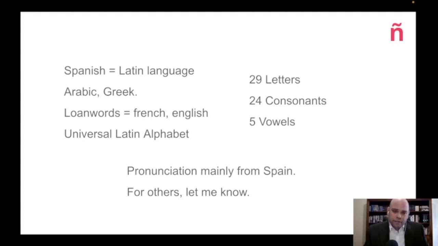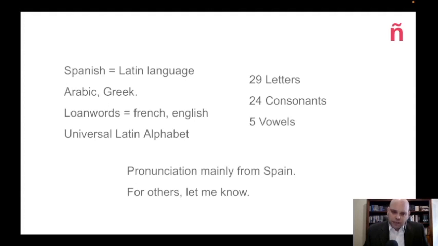And Spanish also has plenty of loan words, the same as any other language. Spanish takes loan words from French and English mainly, among others.